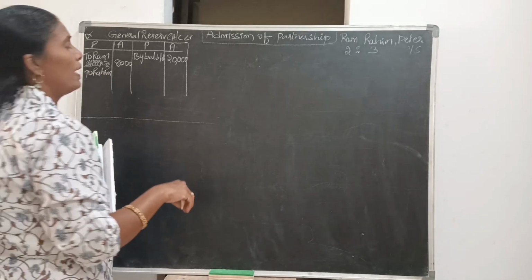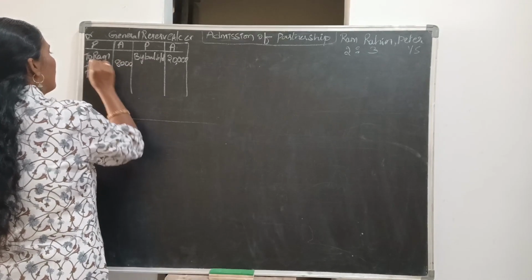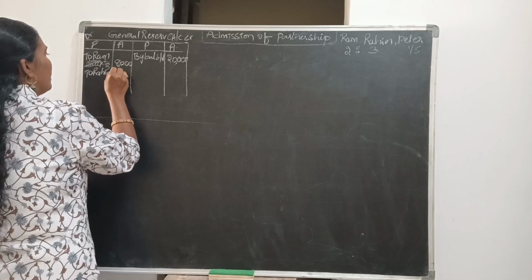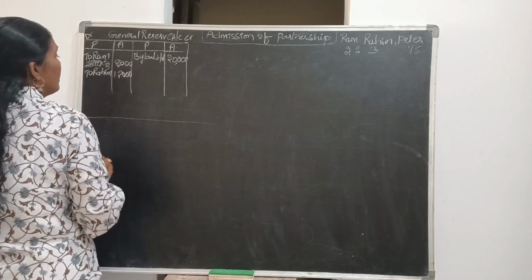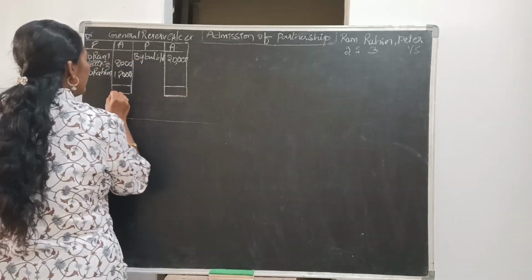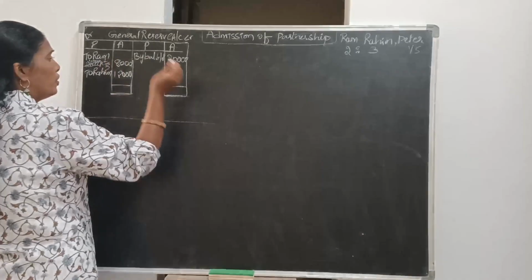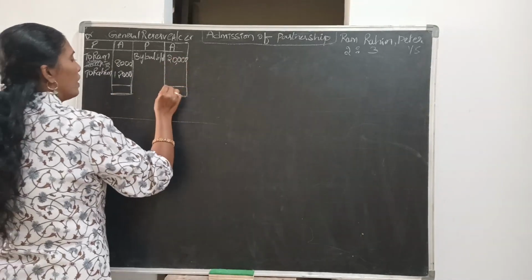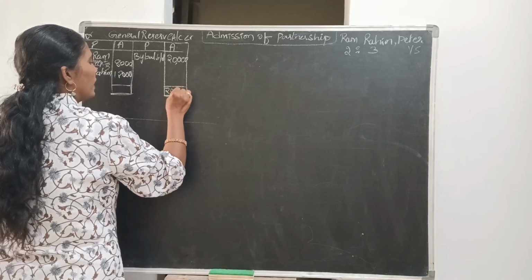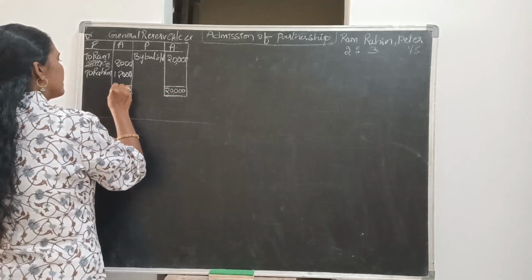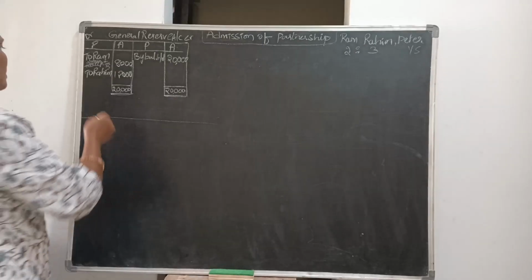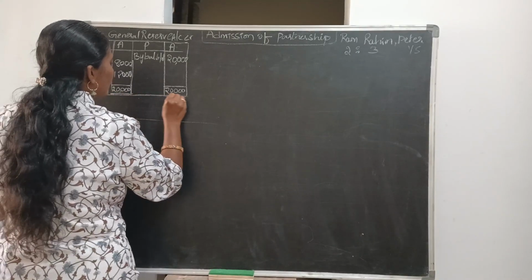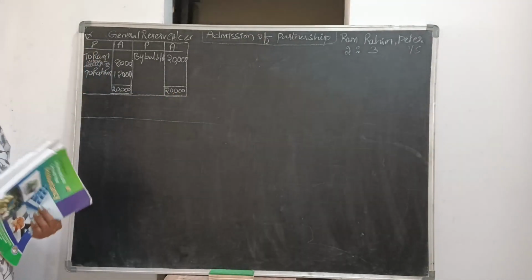Because the leftover balance is Rahim's. Out of 20,000, deduct the 8,000, remaining 12,000 is Rahim's share. General reserve I distributed among old partners. So, write the highest amount on both sides, 20,000, 20,000. That's it. General reserve account is finished.